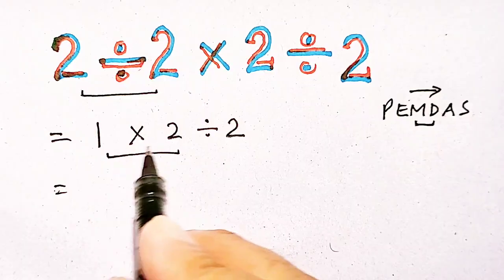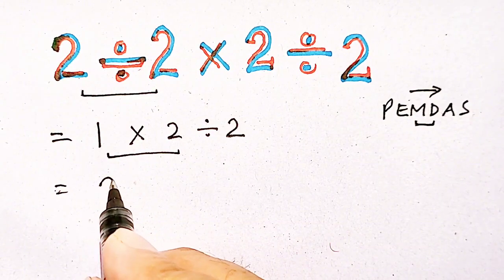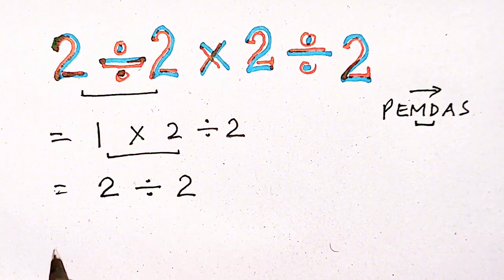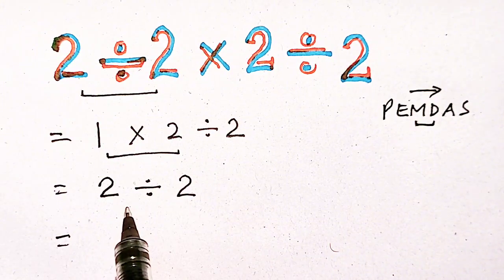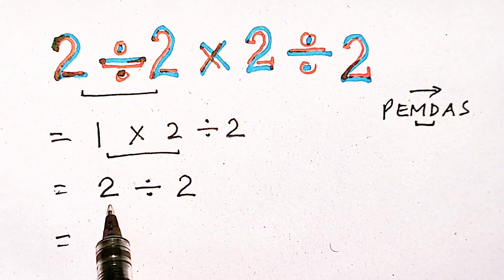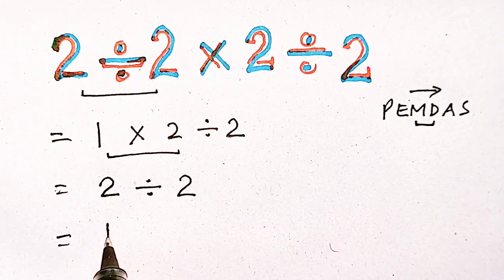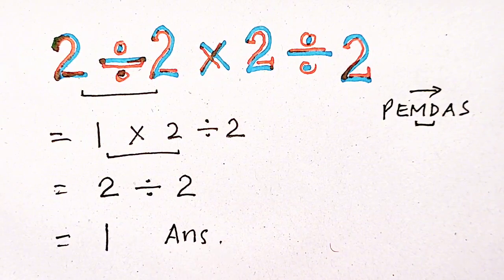So 1 multiplied by 2 is equal to 2 divided by 2. So its final step, 2 divided by 2 is equal to 1, which is our required answer.